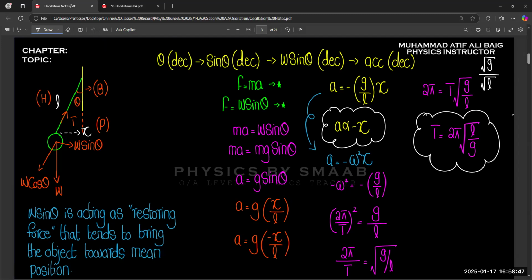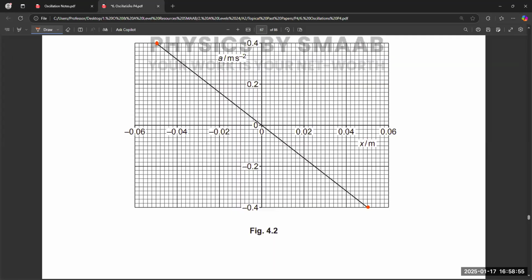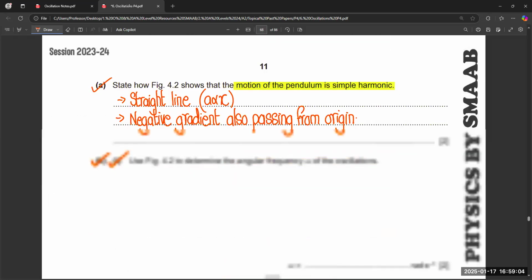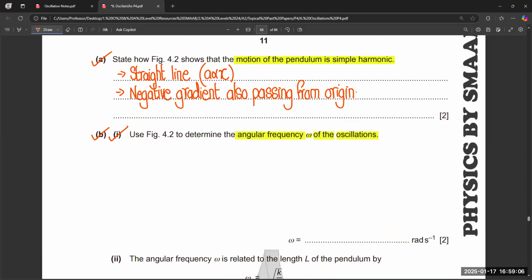So this equation helps to find out omega, because it exactly fits this situation: a and x both are given in the graphical representation, and we can use the values from the graph to find the value of omega. The minus is not required right now because we are only talking about magnitude, not direction.